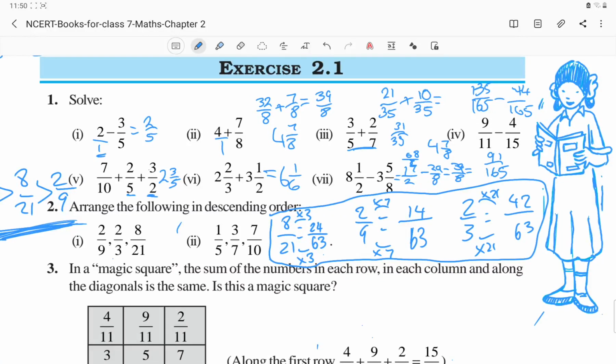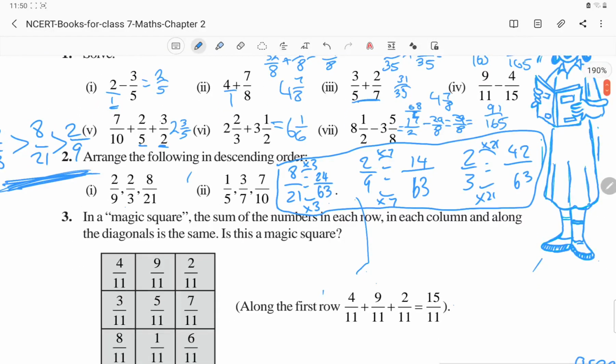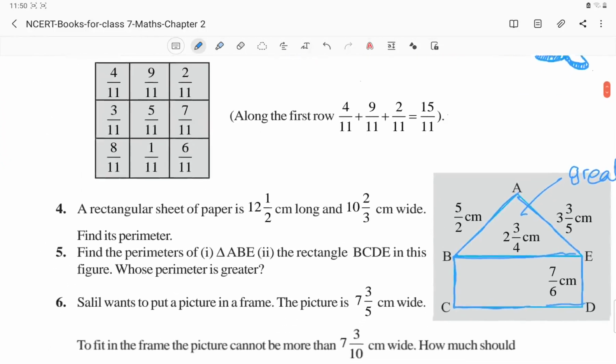I think we should do this next question and then end this lesson, okay? Because there's only 2 for this.